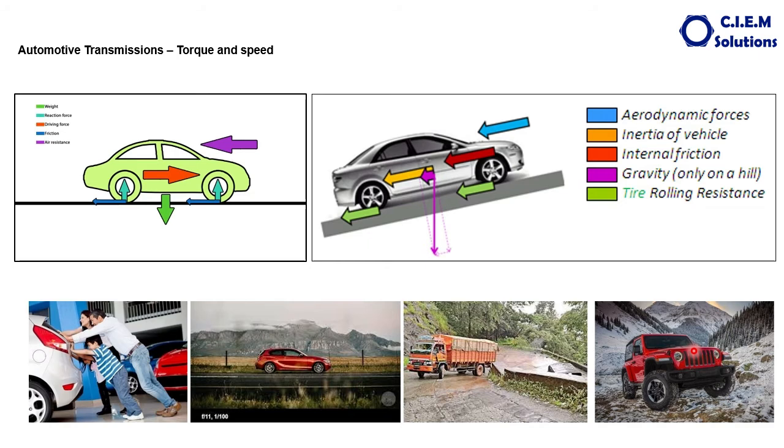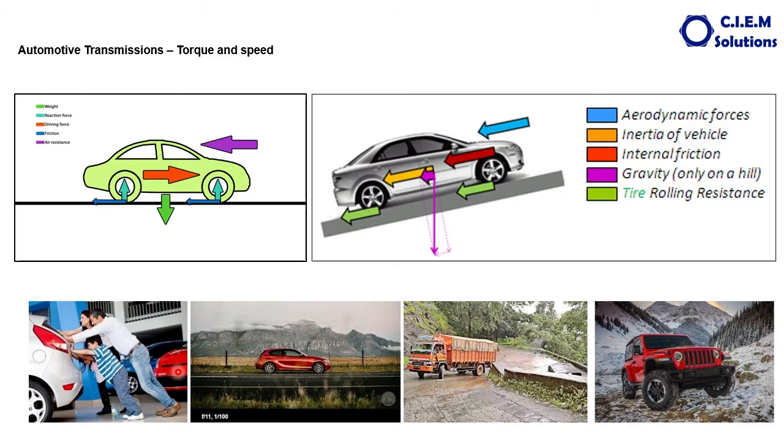Point number 2, any object, whether it is a car or anything else, if you want to move it from the resting stage, you need more force, you need more torque. See, these people are pushing a car which is in the resting stage. As it starts moving, because of its inertia, the requirement of the energy will come down.